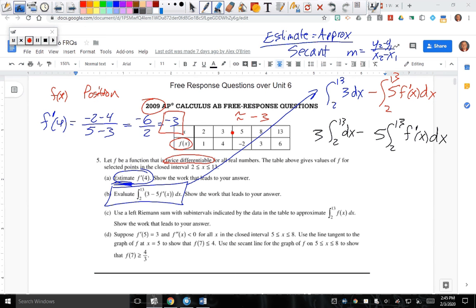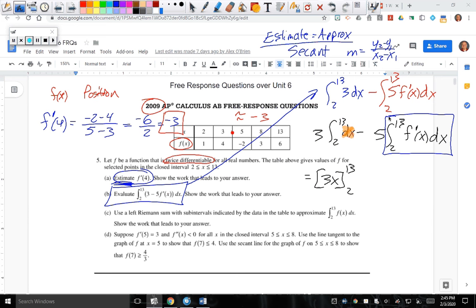What is the integral, guys, of dx, this first one? x. So it'll be 3x because of the constant multiple rule that we're evaluating from 2 to 13. There we go. How are we going to find that integral right there?